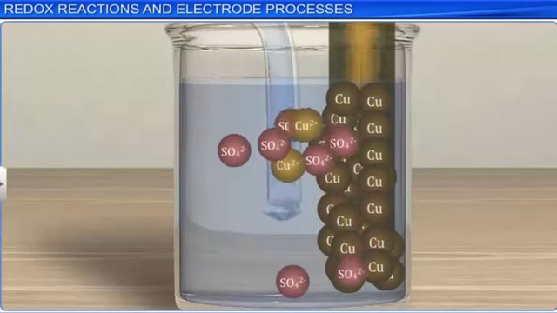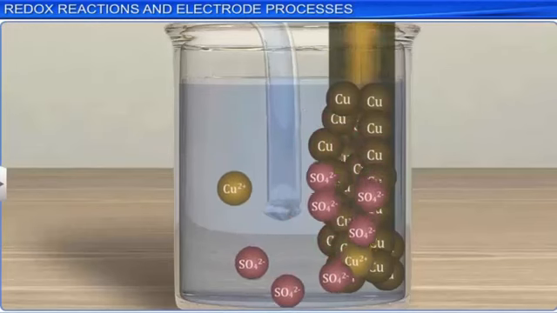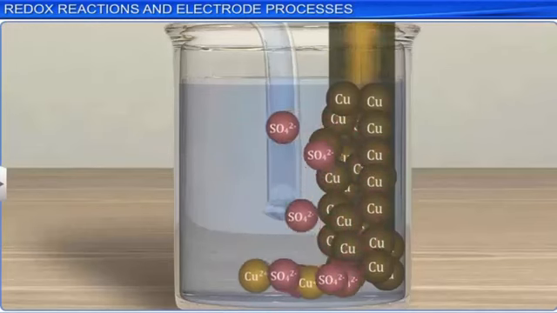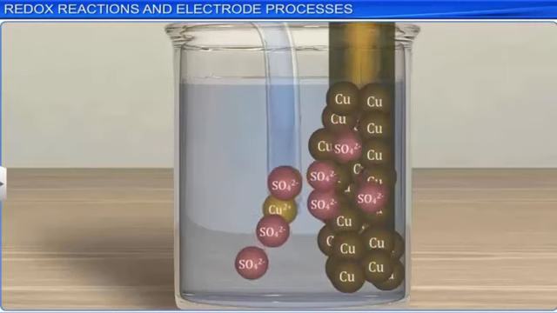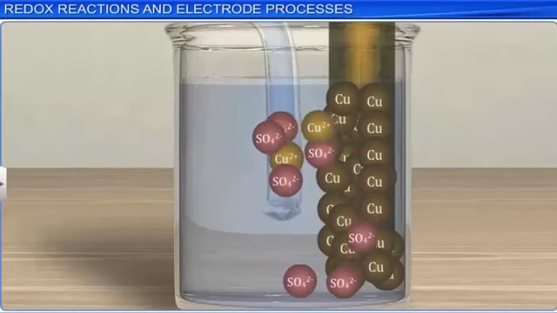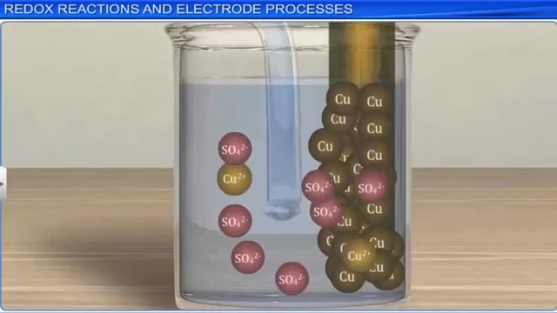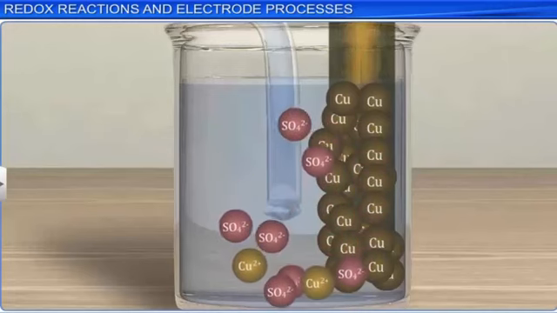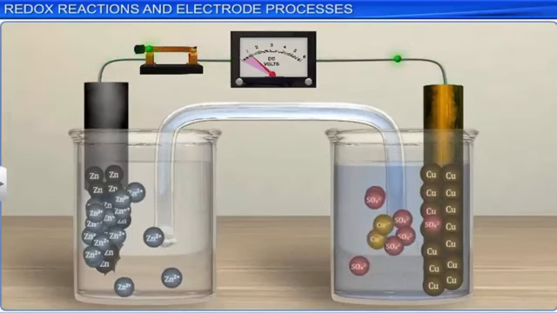This loss of copper ions from the copper sulfate solution creates an excess of negative sulfate ions in the solution. This prevents the further reduction of copper ions. As a result, the overall reaction stops and also the current in the setup stops.